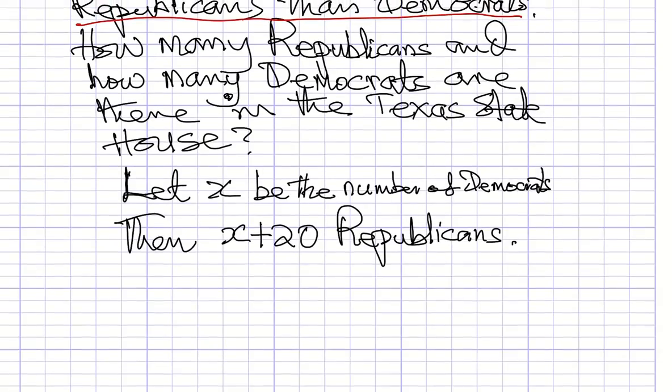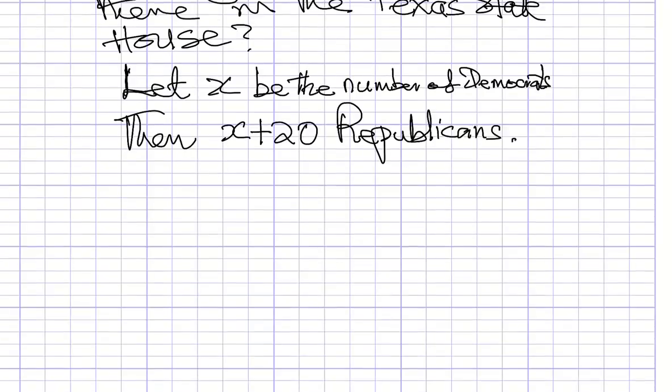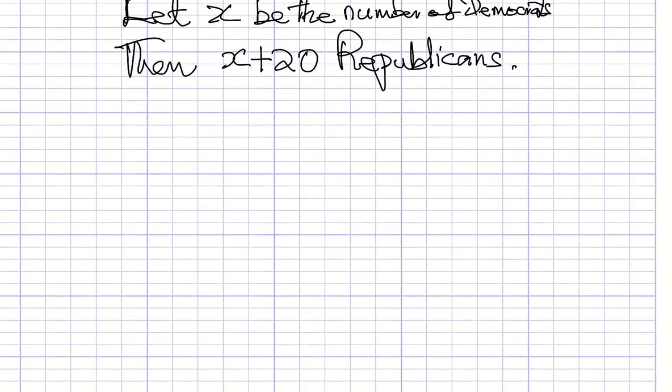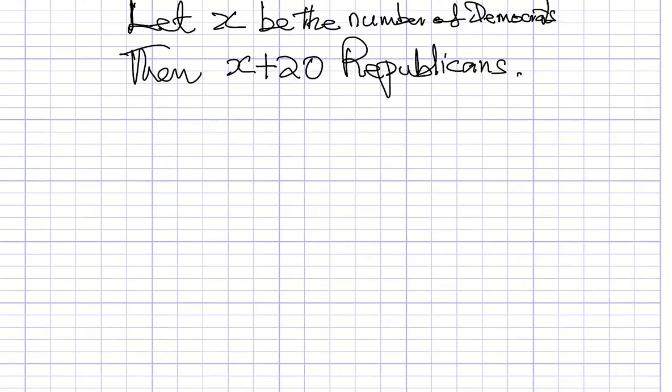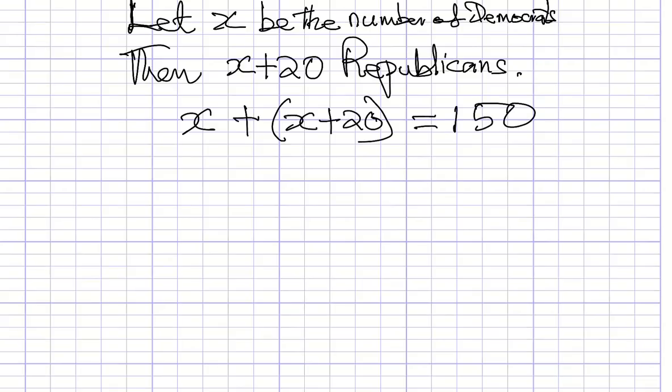So we need to use that information. So we'll say, since there are no other party, if you add the number of Democrats and the number of Republicans, you will get 150, right? That's what that is saying. So you say X, number of Democrats, plus number of Republicans, which is X plus 20. You add that, it should be equals to 150.